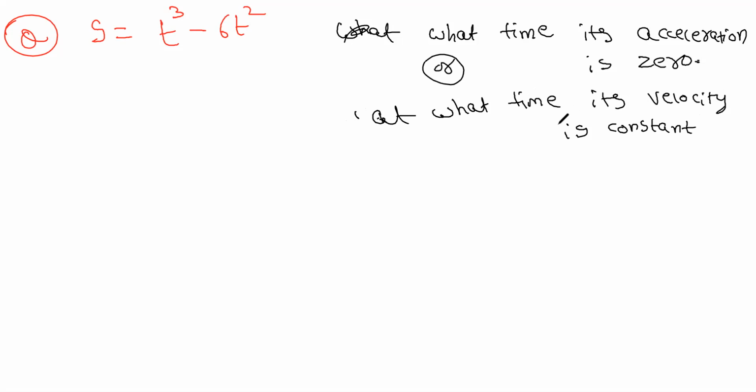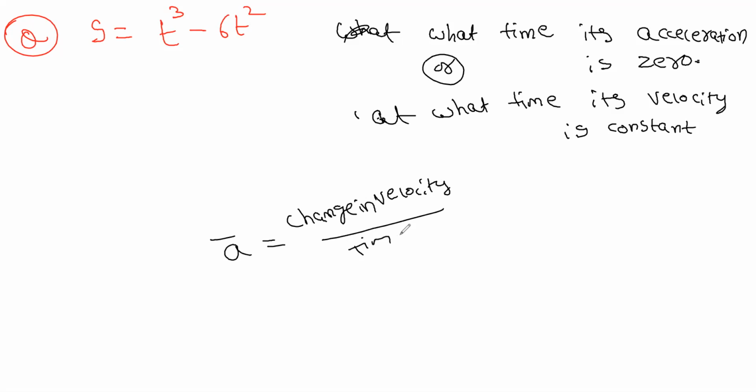What do you mean by acceleration? It is the change in velocity by time. When the velocity is constant, is there any change? No, so acceleration is zero.